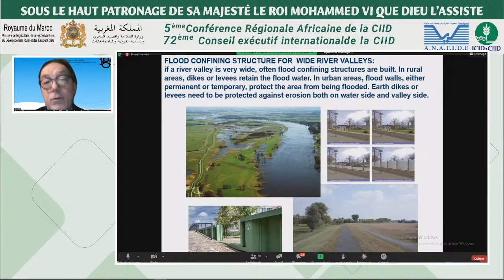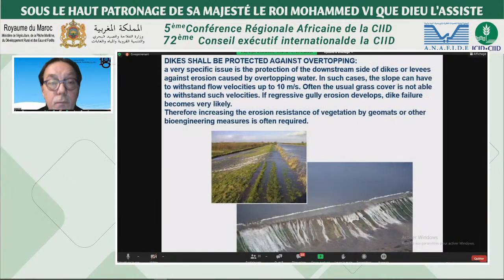Il y a aussi les structures de restriction d'inondation pour les grandes vallées larges. Donc, dans les zones rurales, les digues retiennent l'eau. Alors, les digues et les levees doivent être protégées justement à ce niveau.